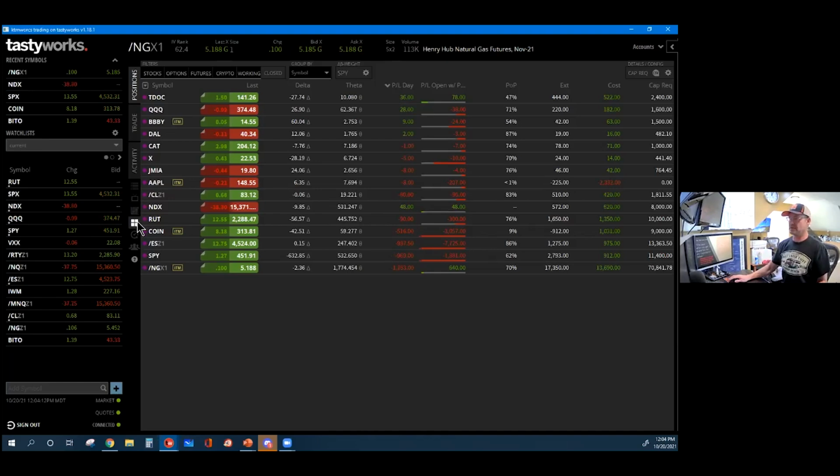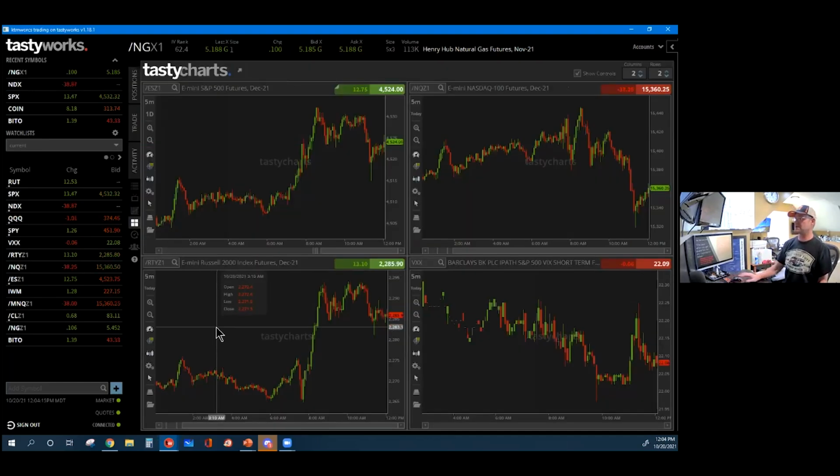But again, just watching the price action here, I think we're okay. We're going to watch the NASDAQ here for a little bit. And we want to manage the trade, because I don't think at this point in the day it's going to be very effective for us to try to adjust this trade.